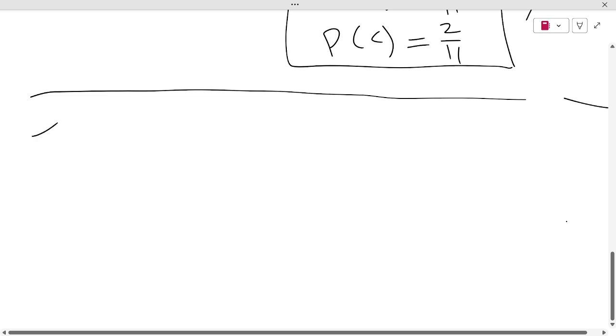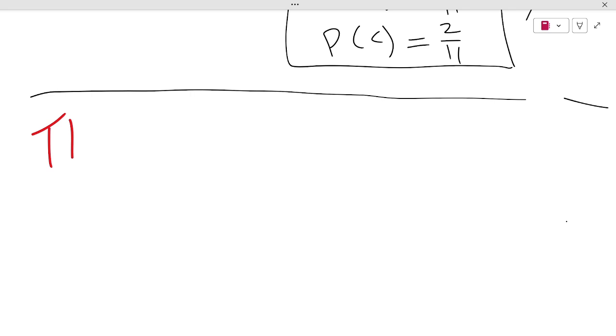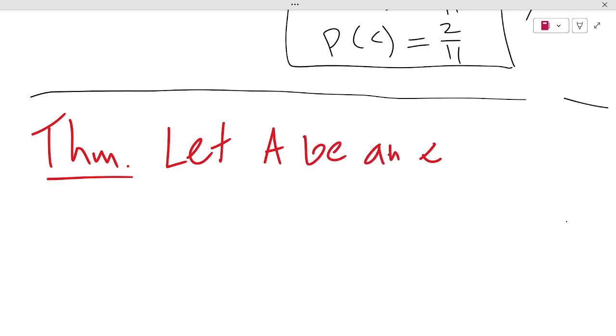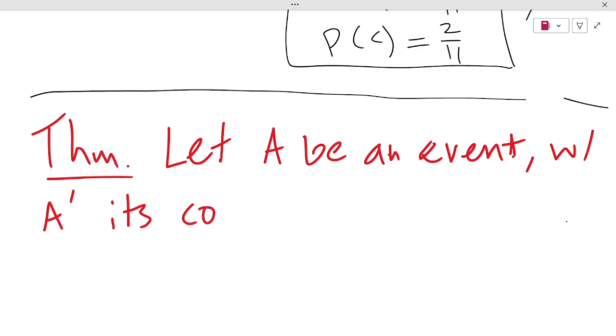Okay, the first theorem is we'll have A, an event, and A prime, its complement.